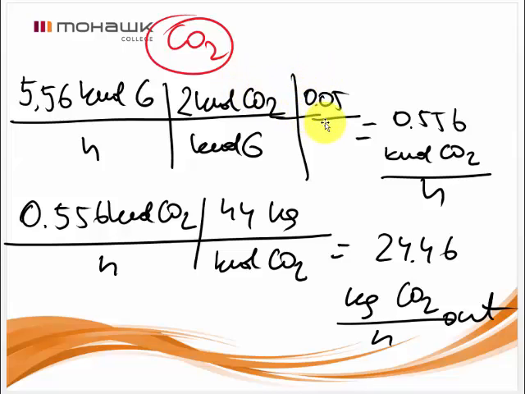By multiplying the numbers, we would end up with 0.556 kilogram-moles of the carbon dioxide per hour coming out of the fermenter. And because we need to know the mass flow rate of the CO2, we have to multiply our molar flow rate of the carbon dioxide by the molecular mass of the carbon dioxide to end up with 24.46 kilograms of CO2 per hour coming out of the fermenter.